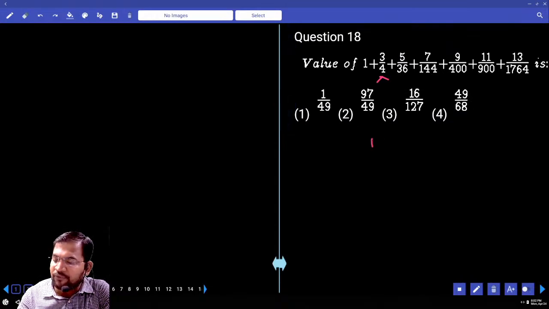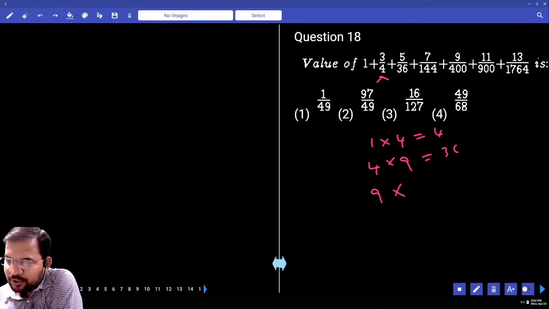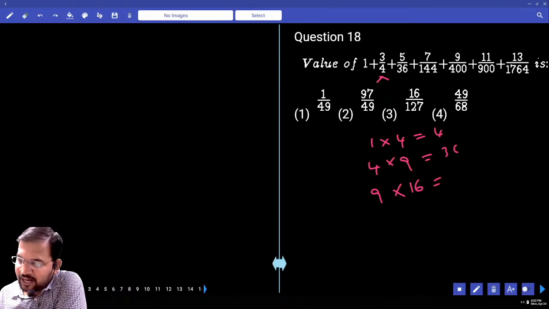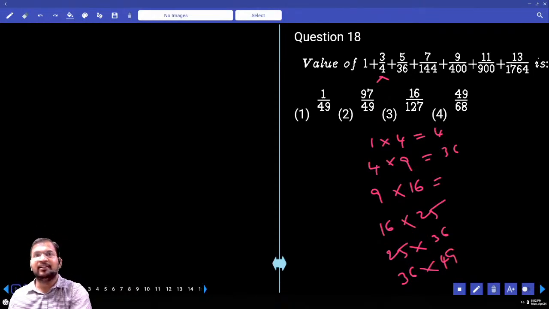Denominators: 36 we can write as 4 into 9. 144 we can write as 9 into 16. Are you clear? 400 we can write as 16 into 25. 900 we can write as 25 into 36. 1764 we can write as 36 into 49.